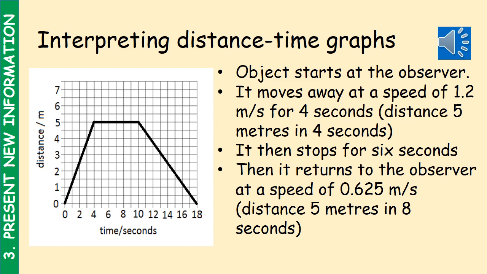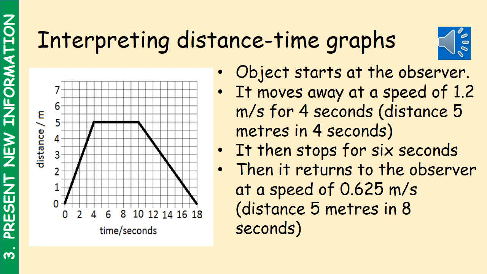So in the first section, the object is going 5 meters in 4 seconds. So that will be a speed of 5 divided by 4, which will be 1.25 meters per second. In the third part there, we've got the object going 5 meters towards the observer, and the object is taking 8 seconds to do that.